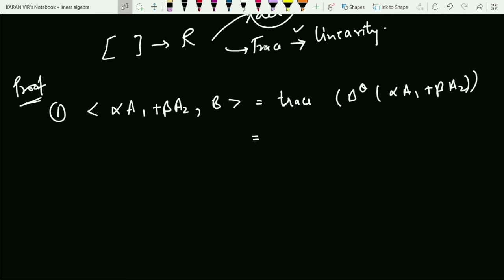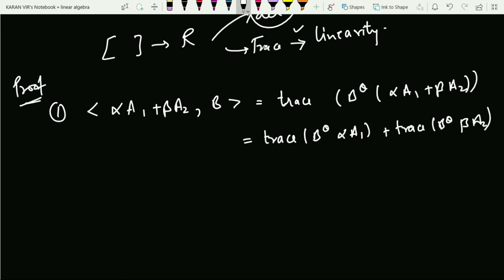Fine with this? Now can I split it? Yes, because trace always satisfies linearity. So I will just split the term: trace of B theta into alpha A1 plus trace of B theta into beta A2. Now you can take the constants outside: alpha times trace of B theta into A1 plus beta times trace of B theta into A2.